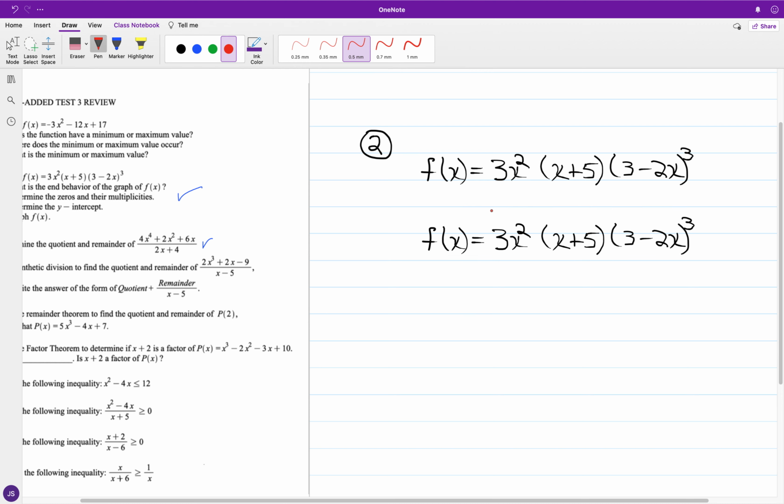So for the components here, you have as a standalone term 3x squared, that'll be our first factor. Then from the second factor, we have the higher order term to be x. Now with 3 minus 2x, I don't have the terms in descending degree order. And between 3 and negative 2x, the higher order term in this expression is negative 2x. And because this factor is cubed, we have to consider the exponent 3.